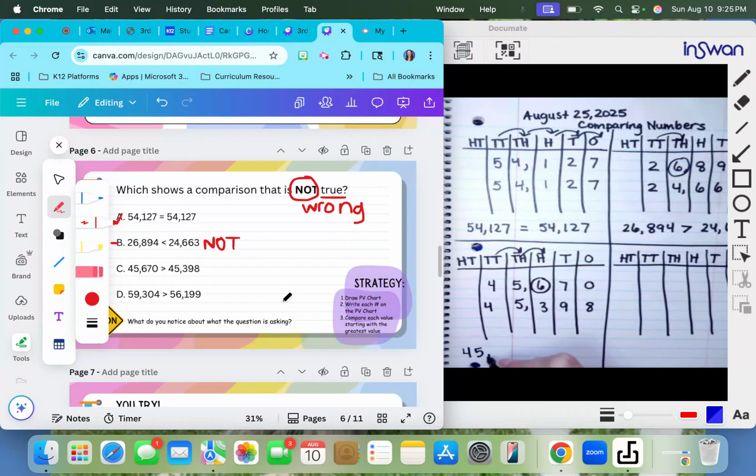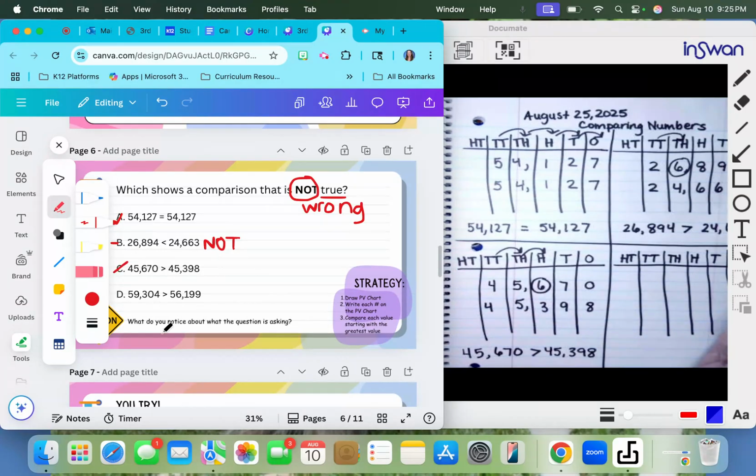So 45,670 is greater than 45,398. Let's look at our answer choice. Is that the same as what we got? It is. And do we want that or do we want what's wrong? Yep, we want what's wrong, so can't take C.